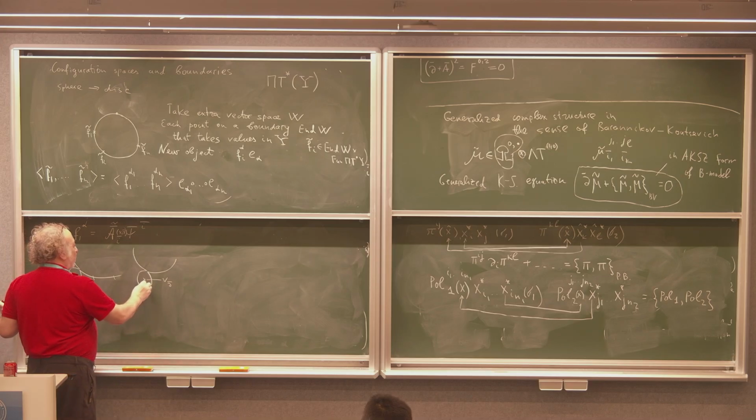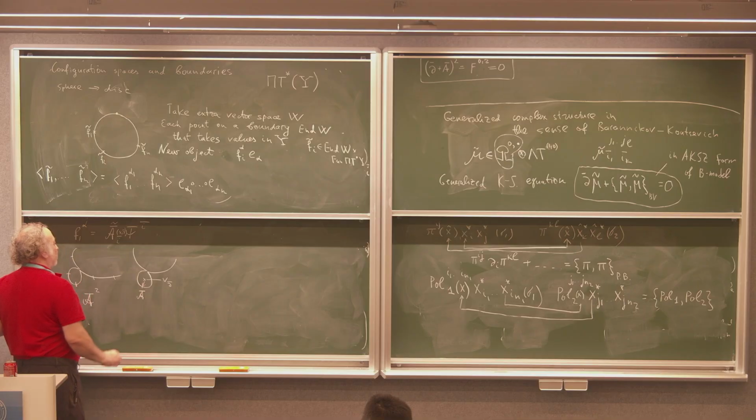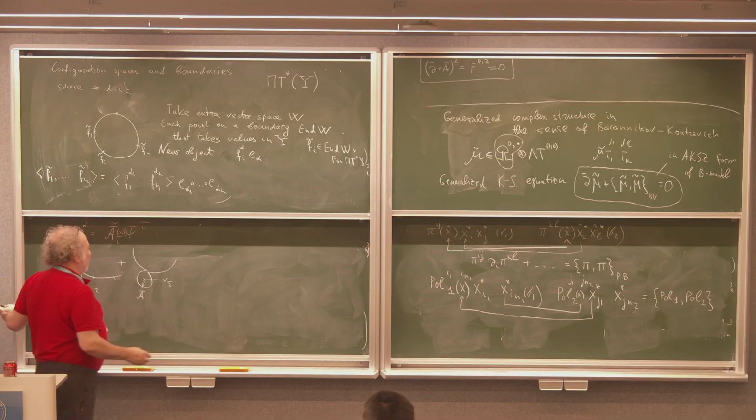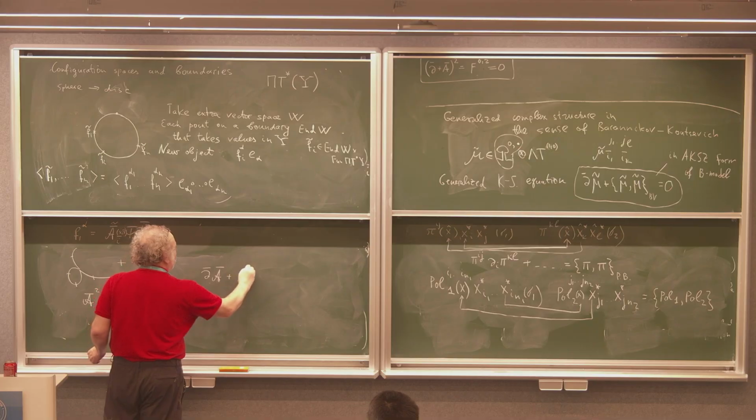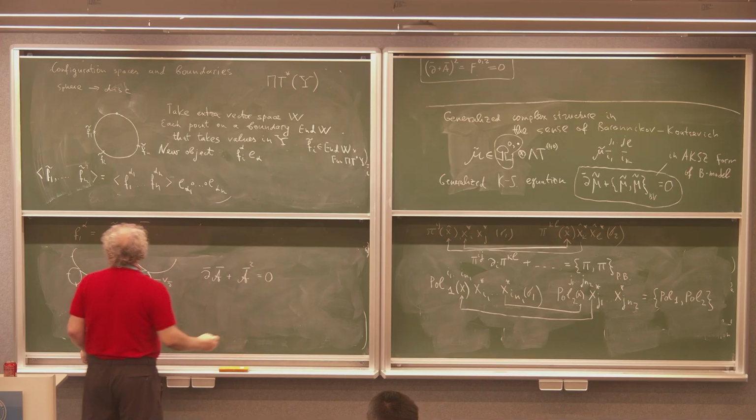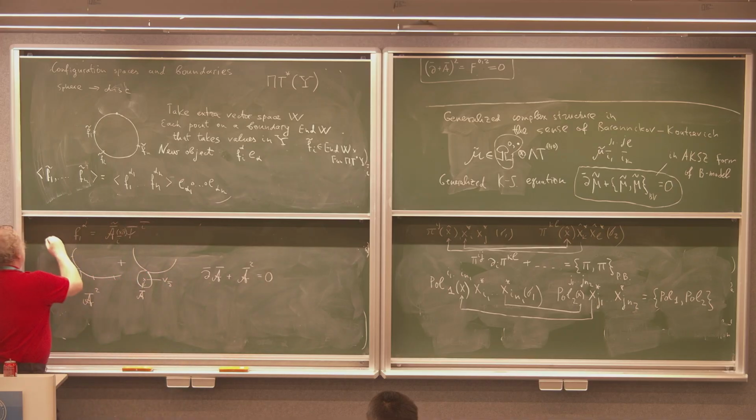And if we look at the Green's function, here it goes this way. And the combination of these two terms leads to the equation for a holomorphic vector bundle. And that is case number 1.